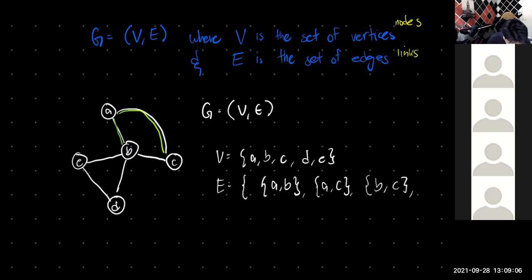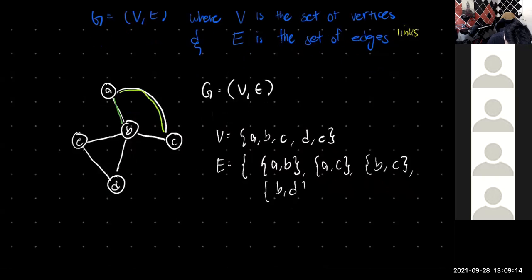I'll just keep on doing this so that we move on quickly. BD. BE. And ED. So this defines this graph.